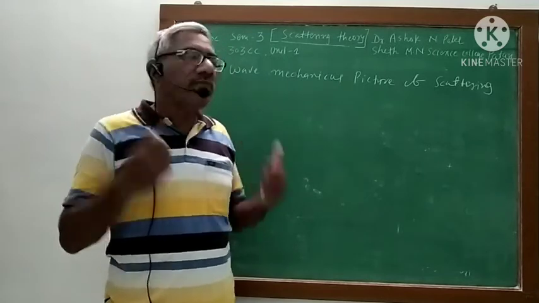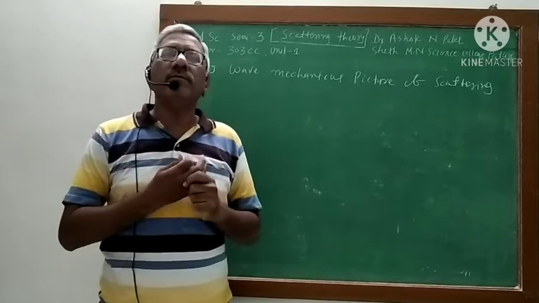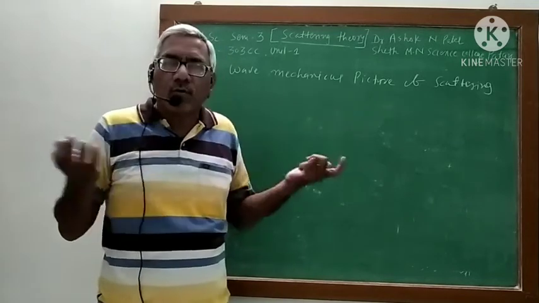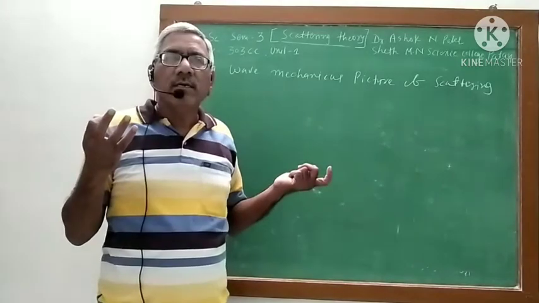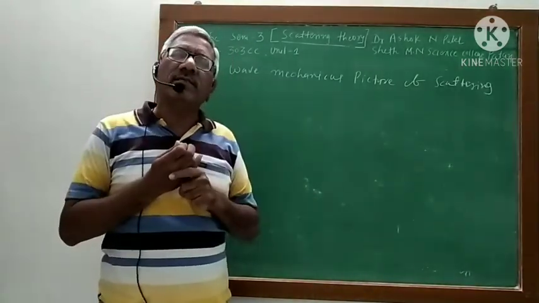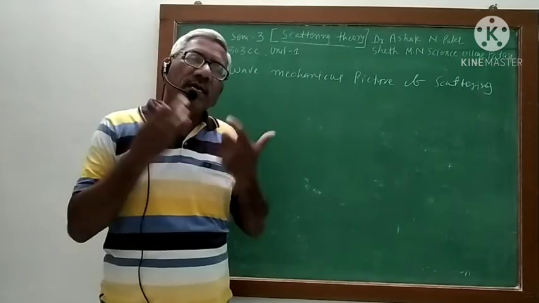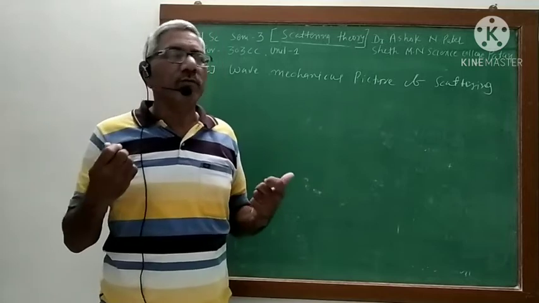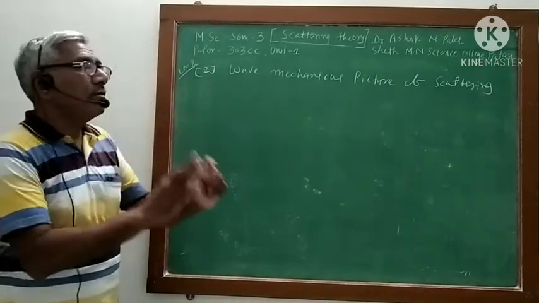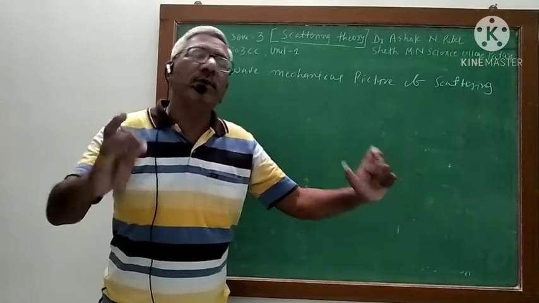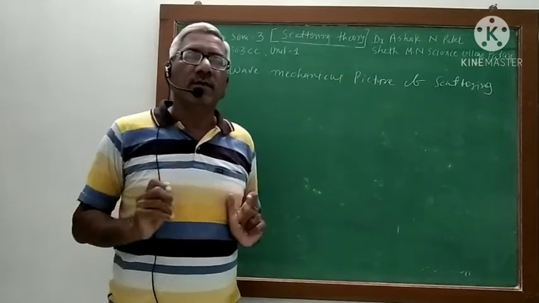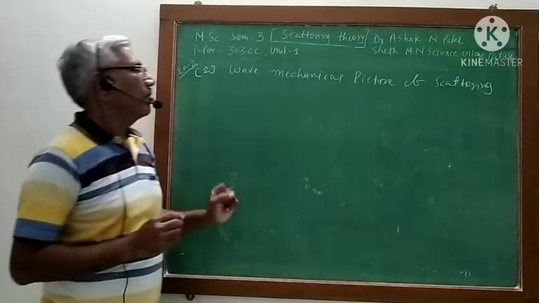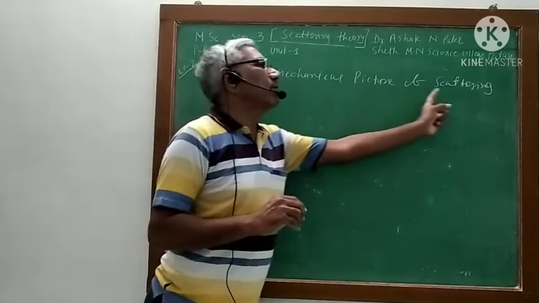So in our scattering theory, if the incident particles are like electron, proton, neutron, then these are quantum particles. Then we can represent them by quantum theory. They can be represented by a wave. So now we will not talk about the particle, but we will say it is a wave. That's why we say that it is a wave mechanical picture, or a quantum mechanical picture of scattering.